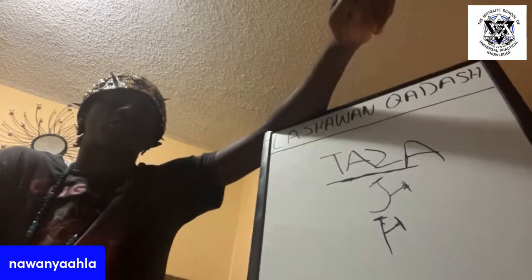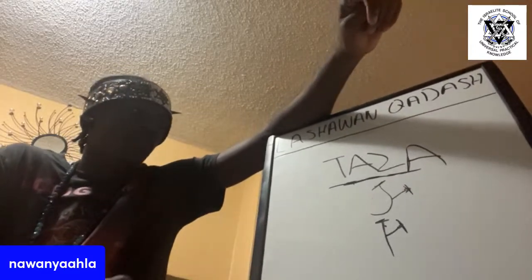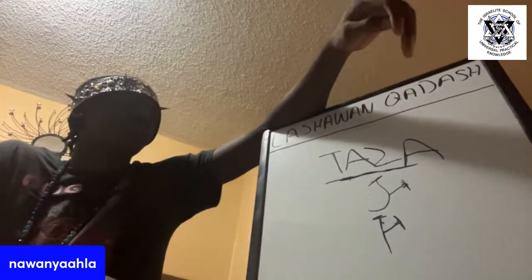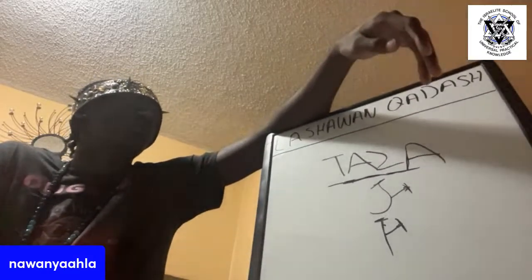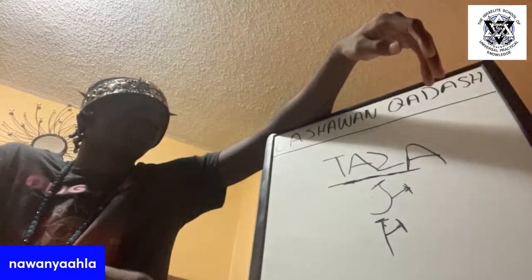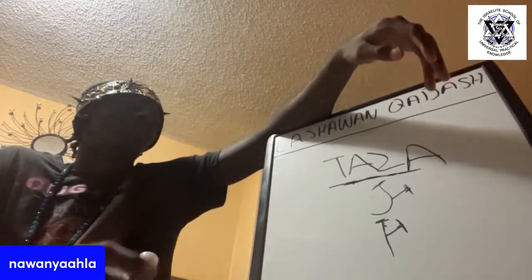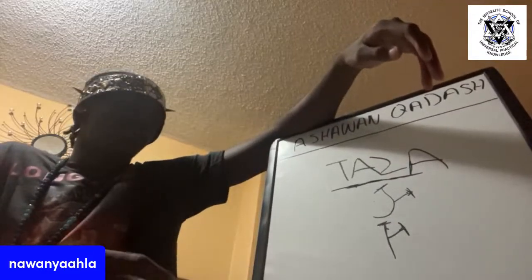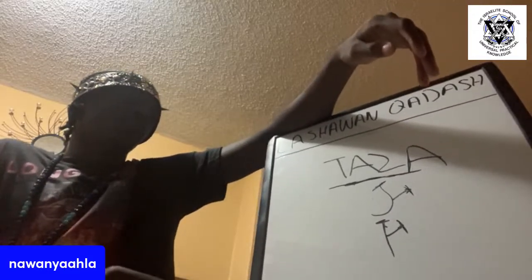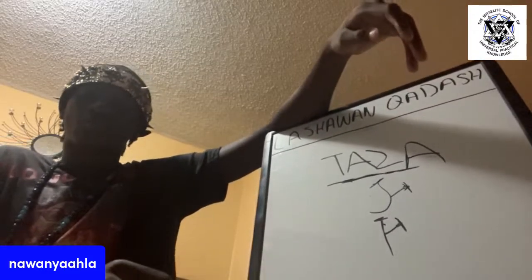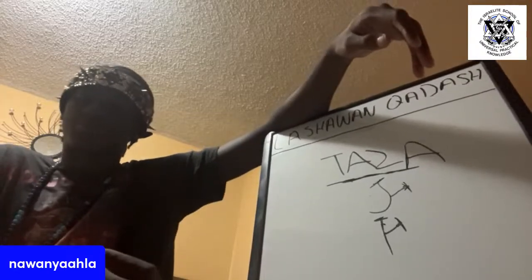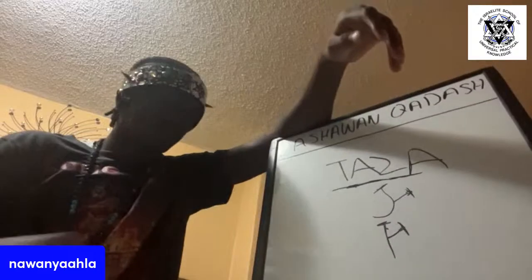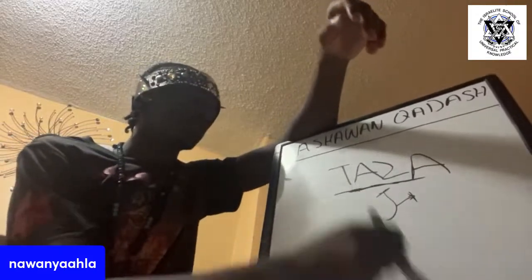Got 4 more characters to go. Then you're gonna write it fully out from the first to the last for the Paleo, and for the Assyrian. Then we're gonna jump into these days of the week. That's the Tazah for you.